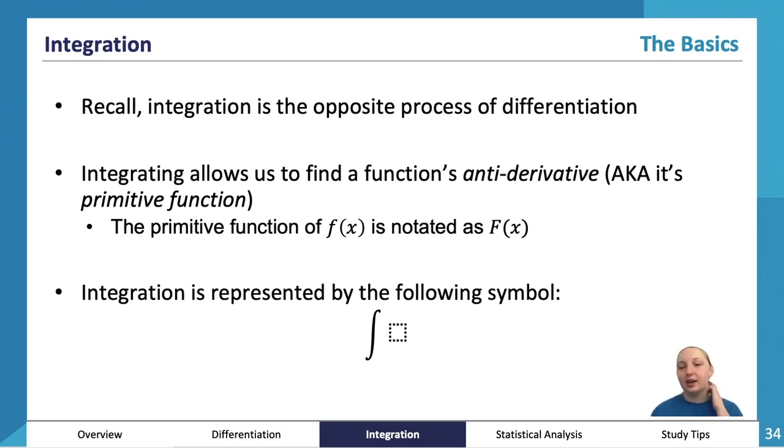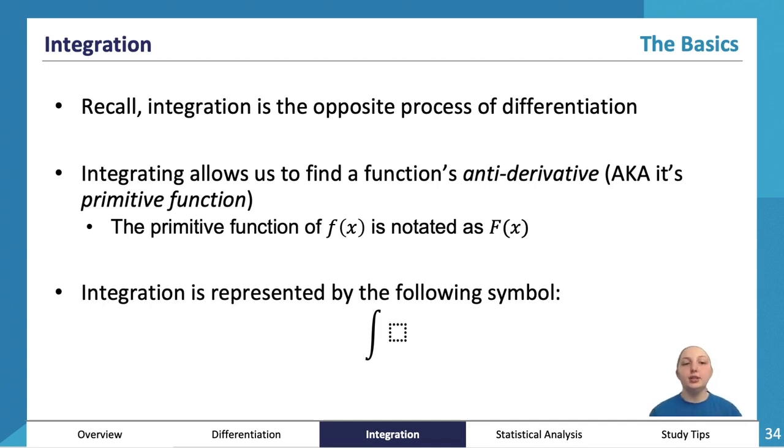For example, the primitive function of little f(x) is big F(x). So it's essentially going from the derivative back to the original function. You'll see integration represented by this squiggly S symbol, and then you'd put a function in this box here.